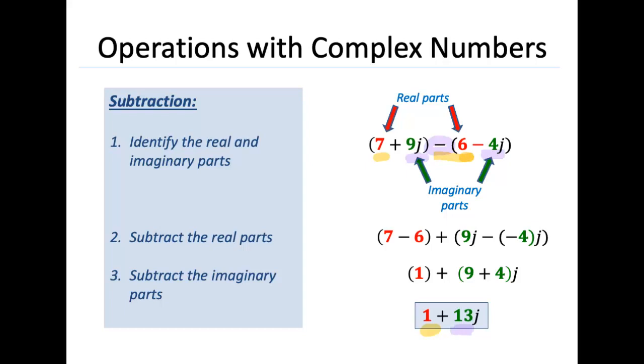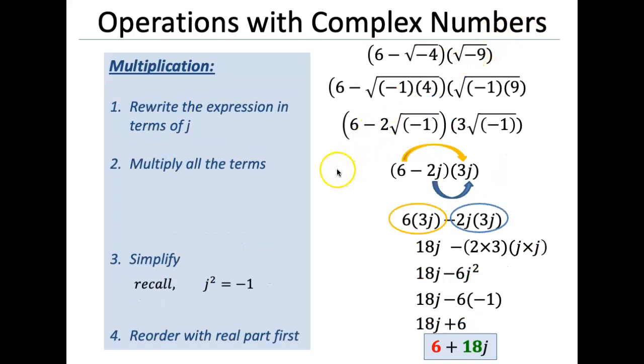To multiply two complex numbers, the first thing we've got to do is rewrite the expression in terms of j. So notice here with this example, we've got the square root of negative 4 and the square root of negative 9. So we want to rewrite that.